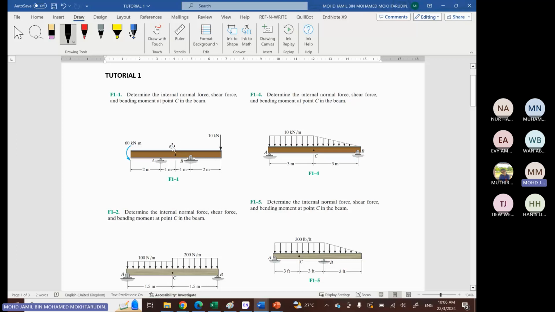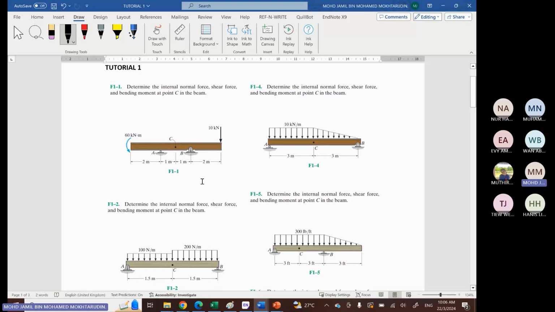For example, all of the questions wanted you to find the loading at point C. Okay, so we look at some of the examples.